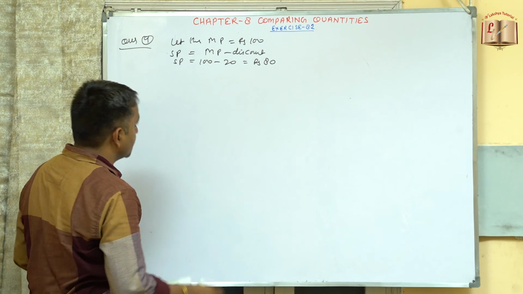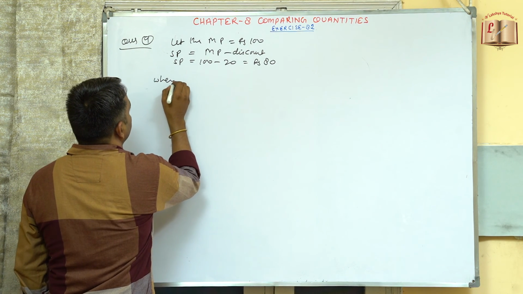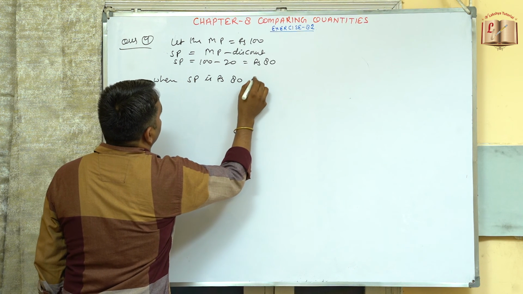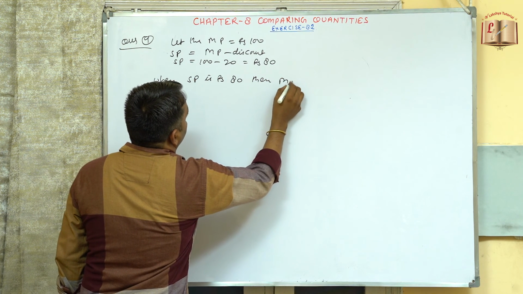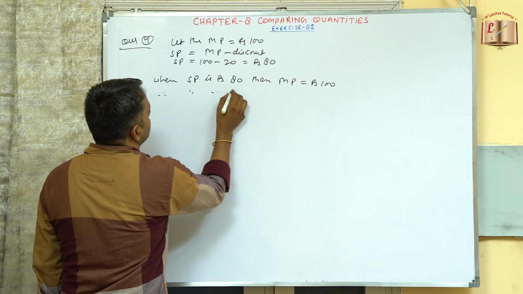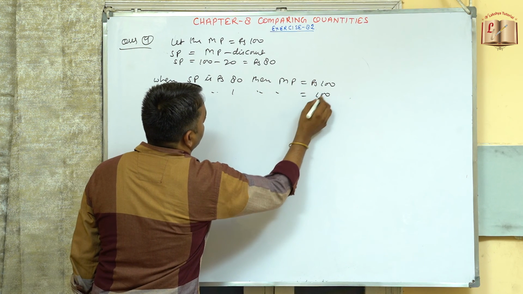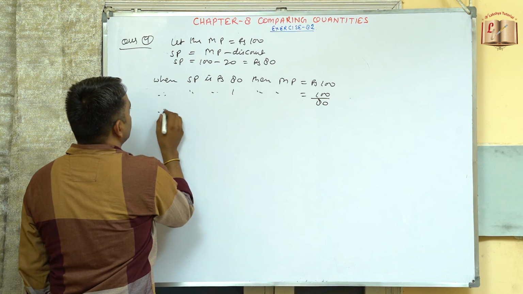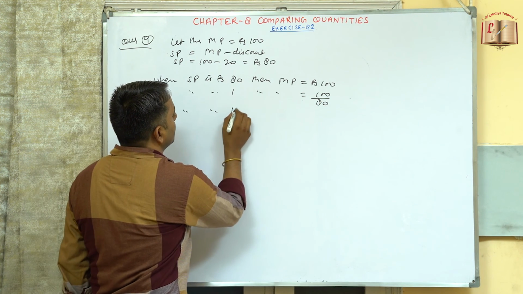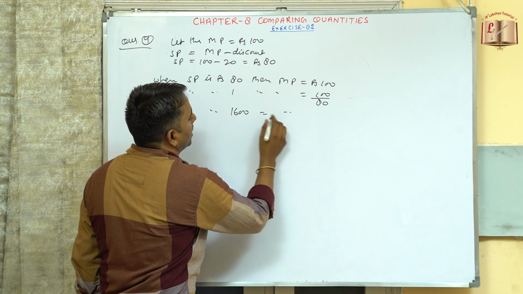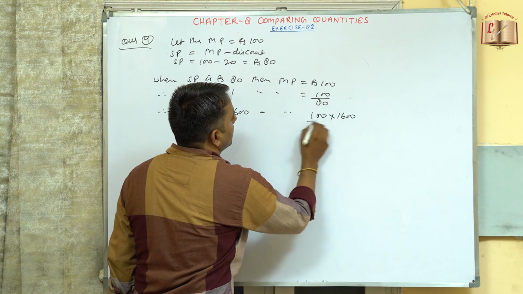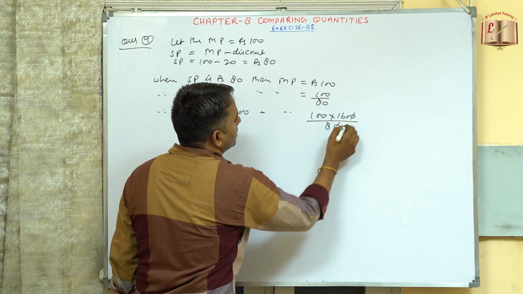Discount offered is 20%. So when selling price is rupees 80, then market price will be rupees 100. So when SP is 1, then market price will be 100 divided by 80. So when the SP is now given as 1600, it will be 100 into 1600 divided by 80. 0 0 cancelled.